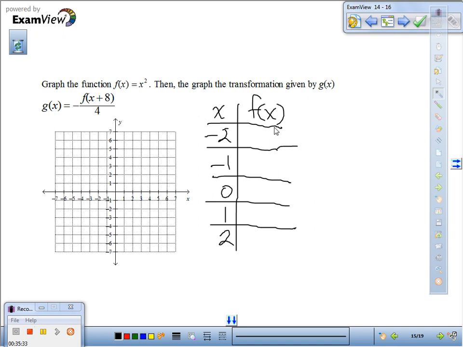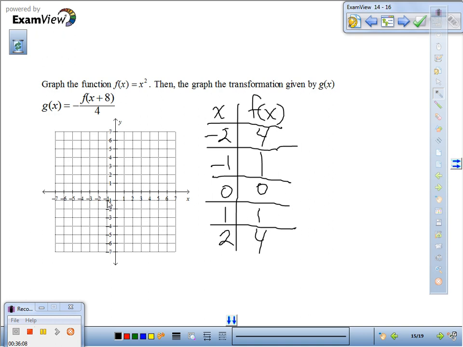Tell your neighbor how to fill it, please, with that rule. All right. So -2 squared is 4, -1 squared is 1, 0 is 0, 1 is 1, 2 is 4.